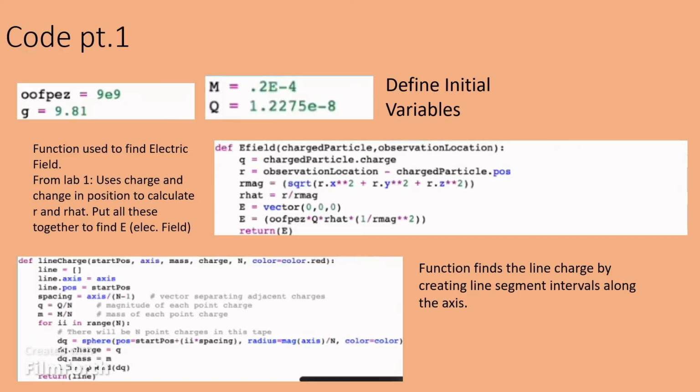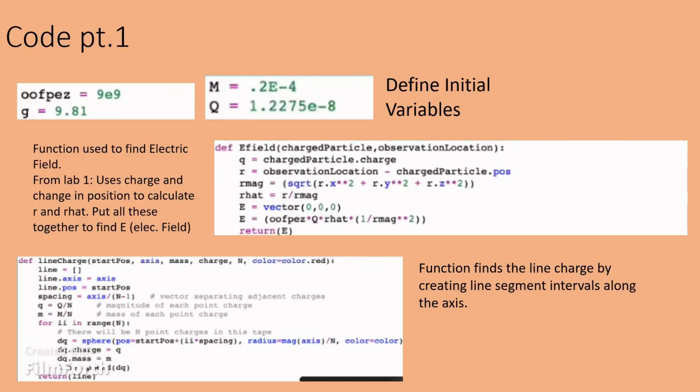In order to calculate the new charge, since we have to do a sum of charges, we wrote a code, and this is part one of the code. As you can see up there, we defined some initial variables: the initial charge that we calculated from the last lab, the mass of the tape, gravity, and the K constant.